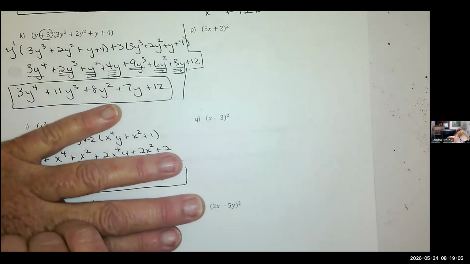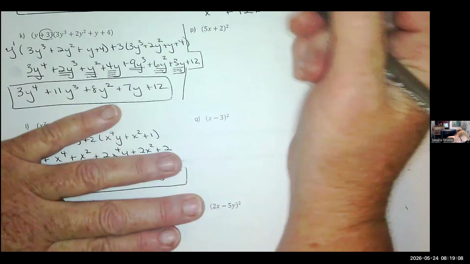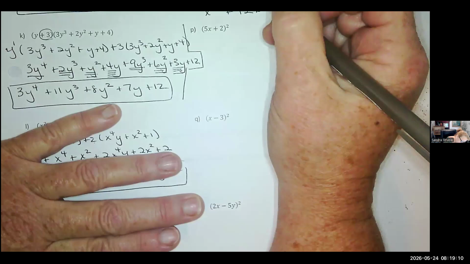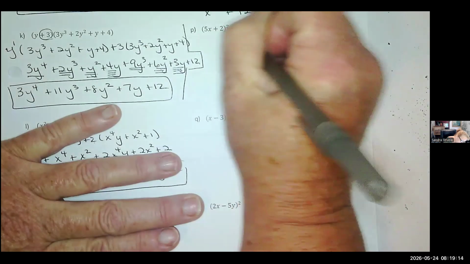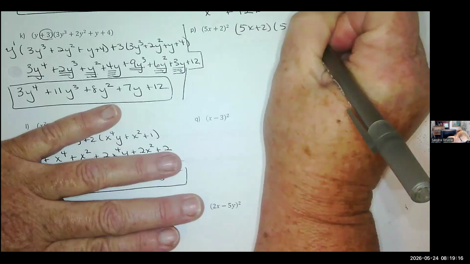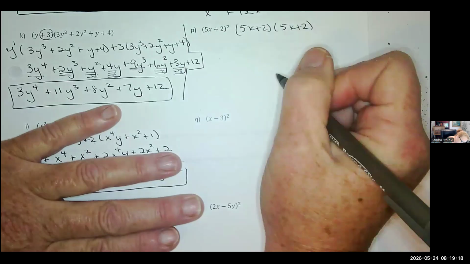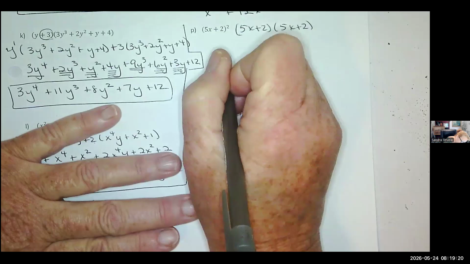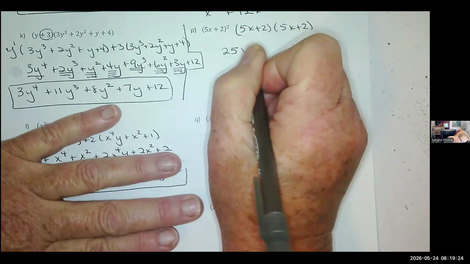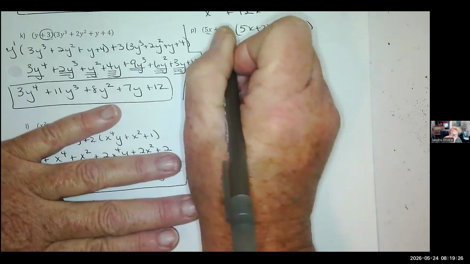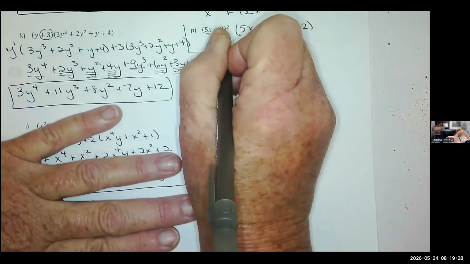So you can either do 5x plus 2 times 5x plus 2, or you can square the first. 5 squared is 25, x squared. Multiply these two together. 5 times 2 is 10. 10 times 2 is, because doubling it, 20.